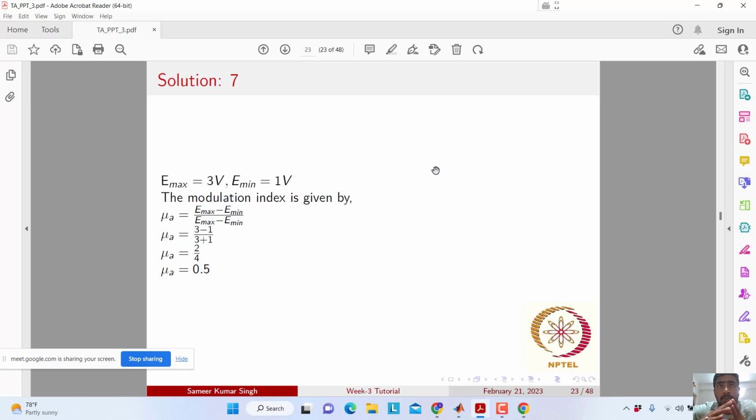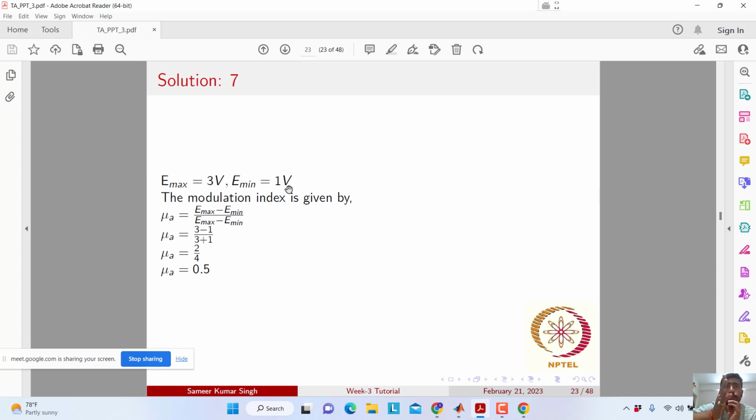Suppose you have a sinusoidal signal and you are plotting the envelope. How will it come? When you plot the envelope, it lies between the maximum value and the minimum value, that is given as three and one. I mean, it is lying above the axis.